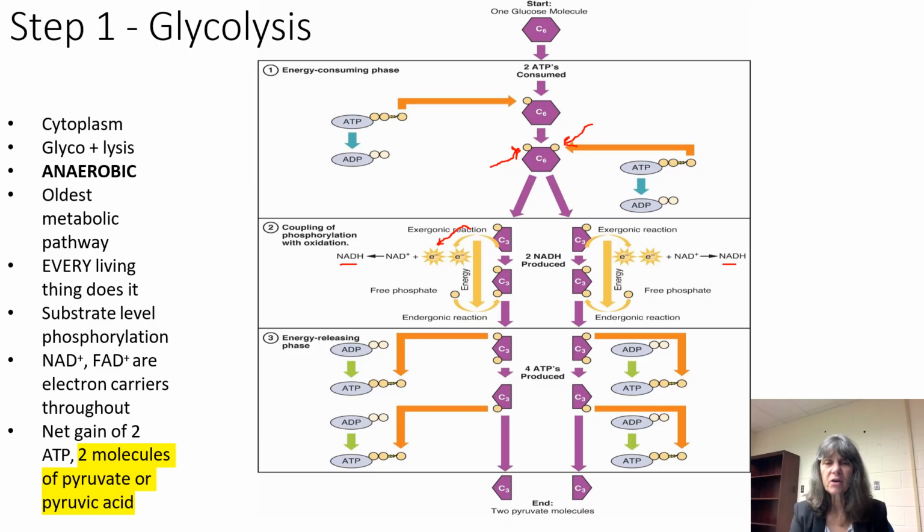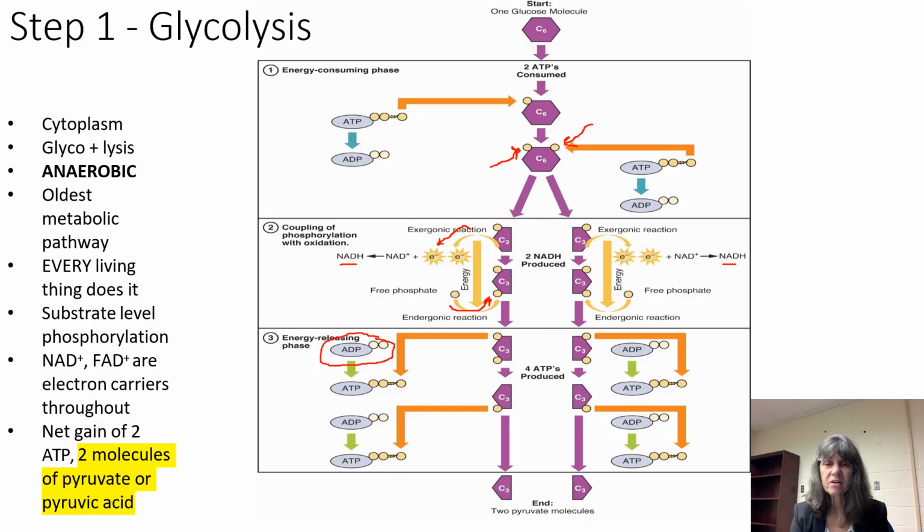And then with the release of the electrons, that drives a free phosphate to bind with those 3-carbon molecules. So now we've got 2 phosphates on each 3-carbon molecule. And now those phosphate molecules can be used to phosphorylate adenosine diphosphate.